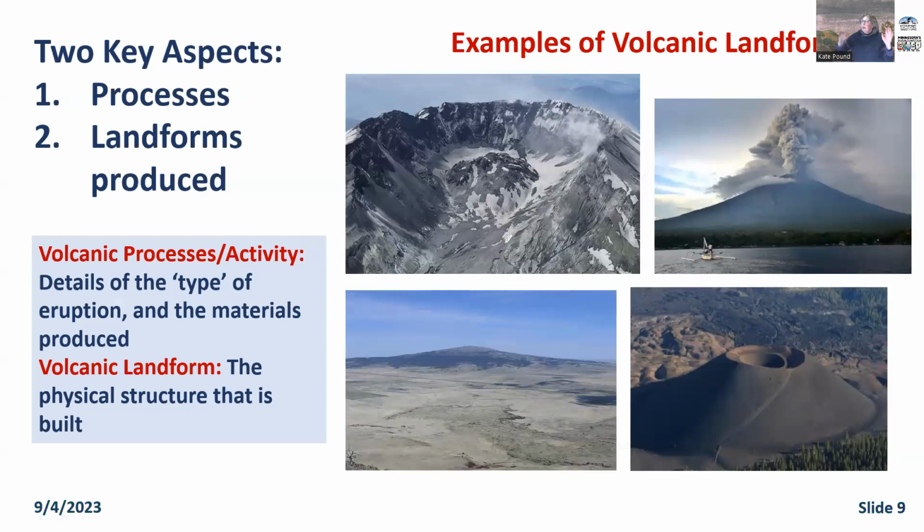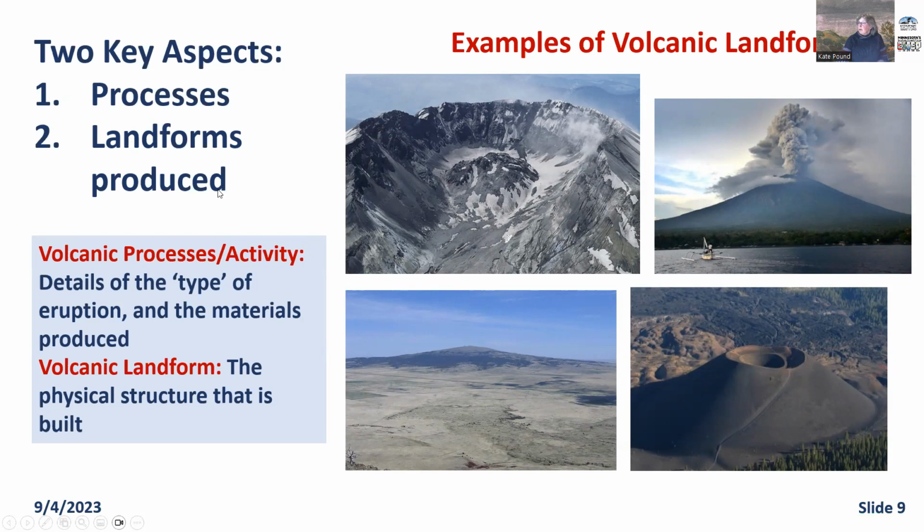Okay, so we've looked at the role of magma composition. I now kind of want to change tack a little bit. So there's really two things to be thinking about if we're thinking about volcanism and what we see as evidence of volcanism. There's the processes that form or create these landforms, and then there's what the various landforms actually look like.